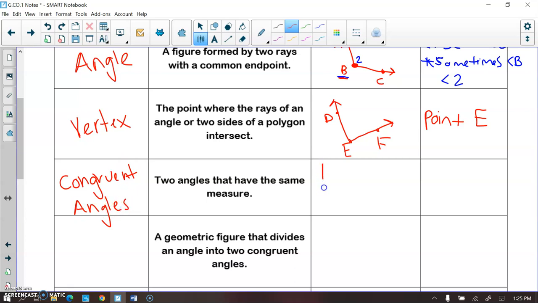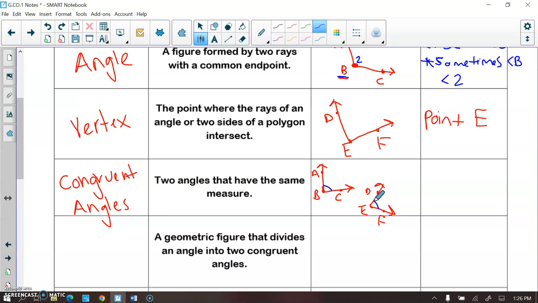When we have congruent angles, we draw in something called arcs. So arcs look like this. And if we have another set of congruent angles, we would just add more arcs on.